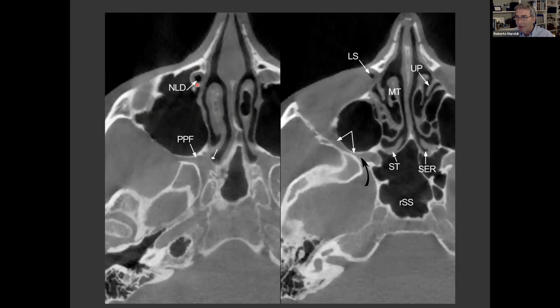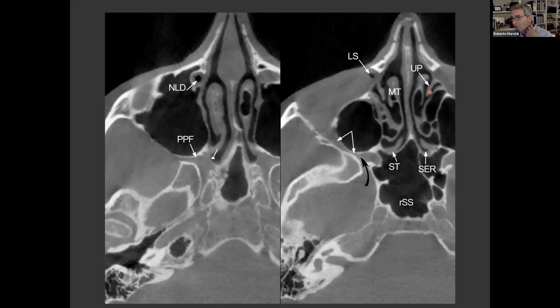The nasolacrimal duct can be detected, and also the sac. Then the path of the bayonet course of the infraorbital nerve is this, from the groove for the maxillary nerve inside the pterygopalatine fossa, and then this is the direction.